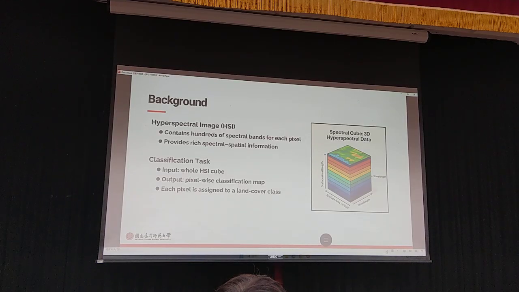Because of this, each pixel carries rich spectral information, and the whole image also contains spatial relationships between neighboring pixels. In HSI classification, the input is the whole HSI cube, and the output is a pixel-wise classification map. In this work, the accuracy is evaluated only on the test pixels.